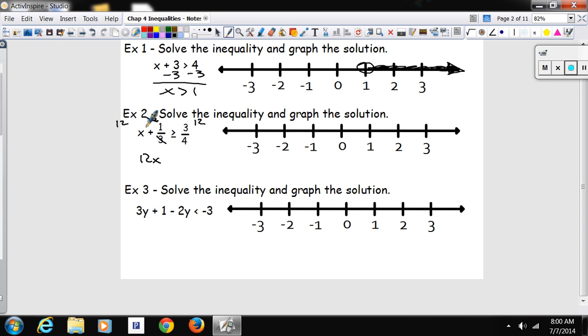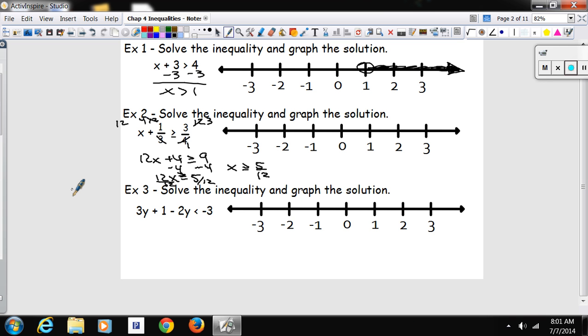The 3 goes into 12 4 times, so you're going to get plus 4. Greater than or equal to, 4 goes into 12 3 times, so 3 times 3 is 9. When you subtract 4 on both sides, you get 12x greater than or equal to 5, and divide by 12. So x is greater than or equal to 5/12.